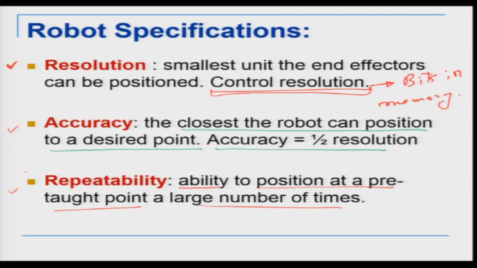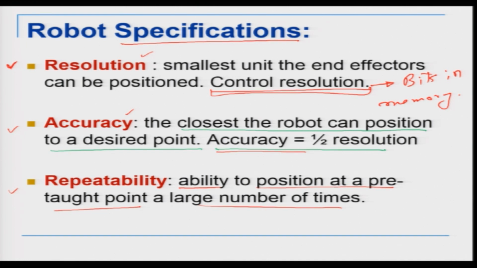So in terms of specifying a robot, the manufacturer will be specifying all these three numbers. First is the resolution of the system, the smallest unit it is able to go. The second is the accuracy of the system, the closest the robot would go to a desired position, and that is normally defined as half the control resolution.